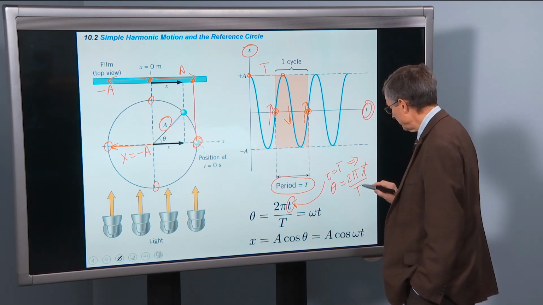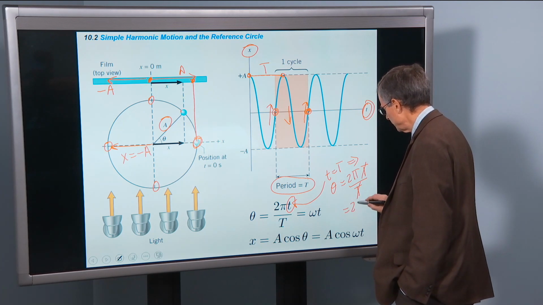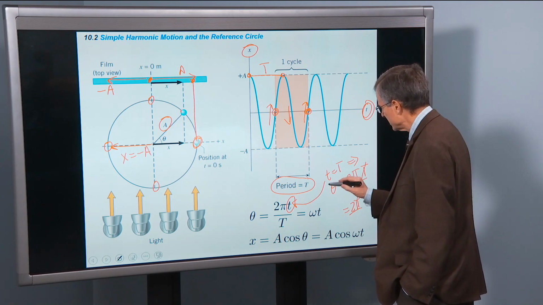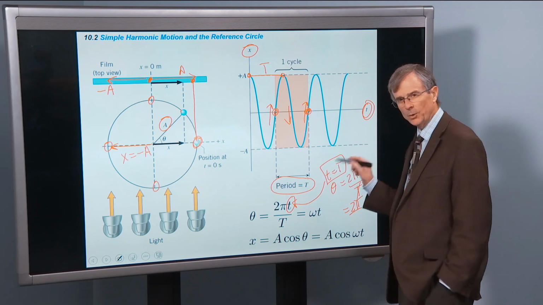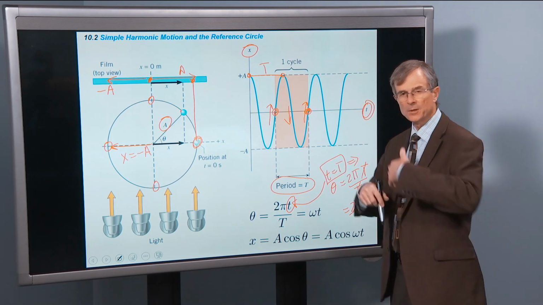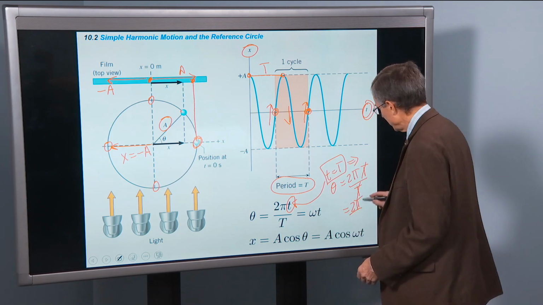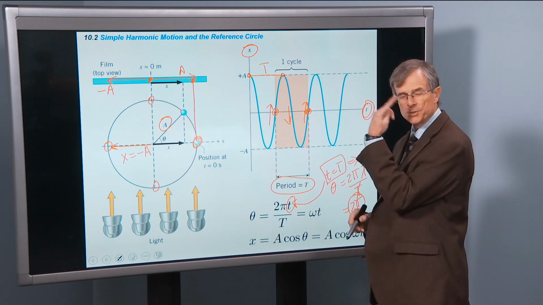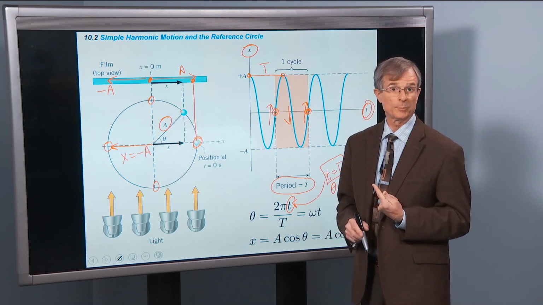Well, that's pretty neat because the periods cancel and we get 2 pi. So that says that one complete cycle, meaning I've gone from t equals 0 up to t equals the period, gives us a rotation of 2 pi radians, which is one complete circle.